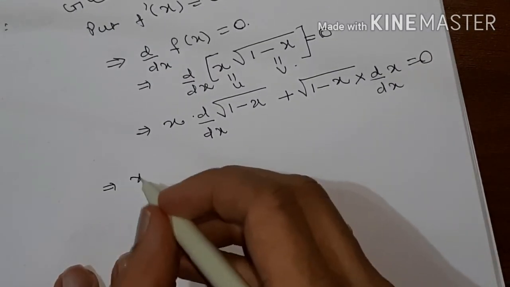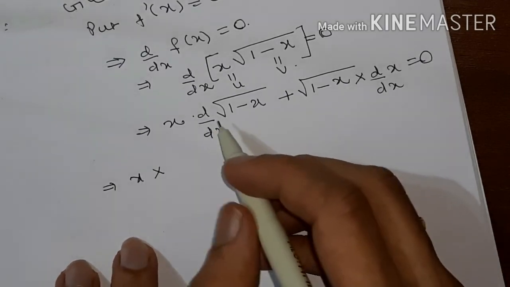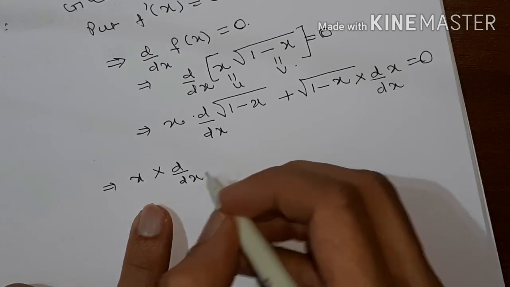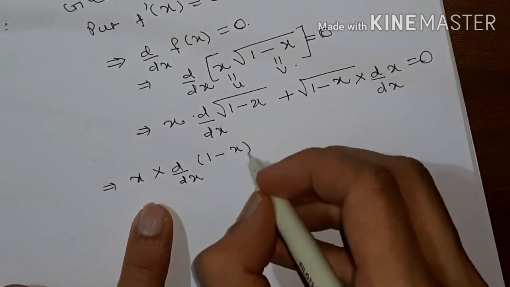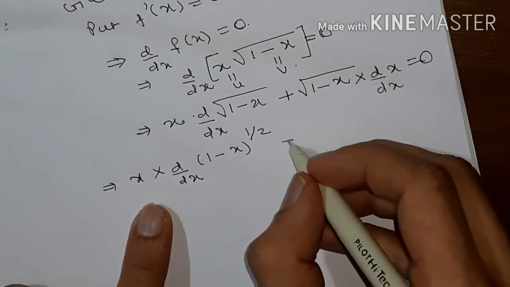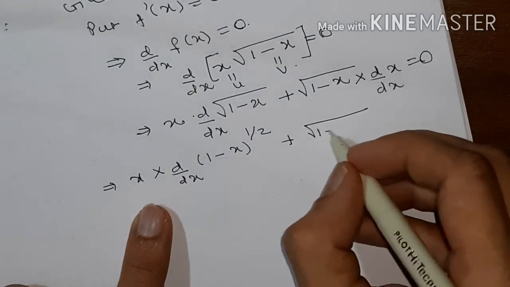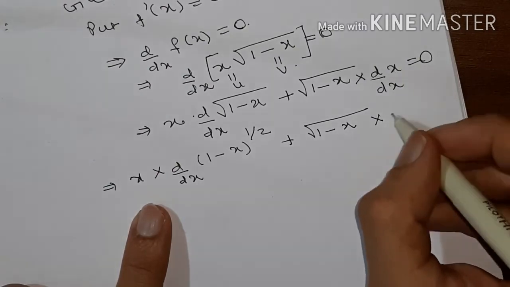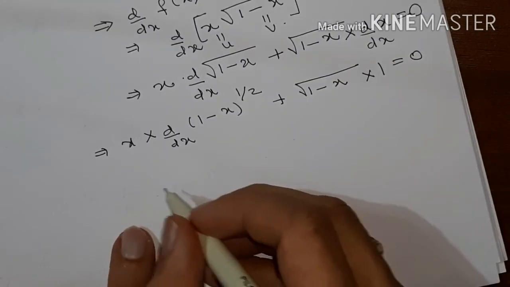So what you will get? x multiplied by derivative of root of 1 minus x, that is nothing but derivative of 1 minus x raised to half, right, plus root of 1 minus x multiplied by derivative of x is 1, so that is equal to 0.